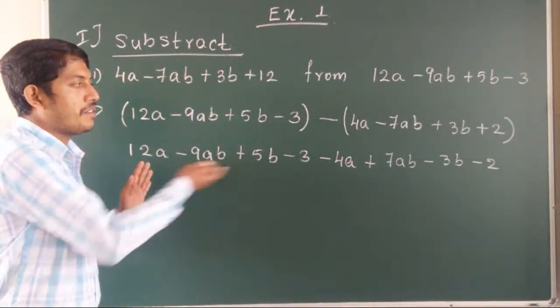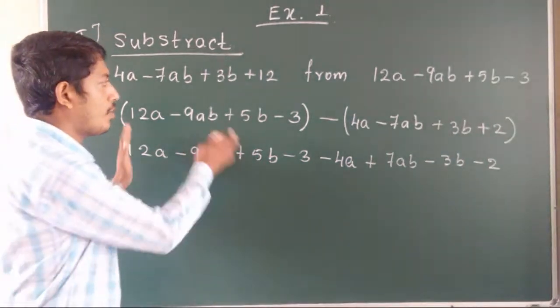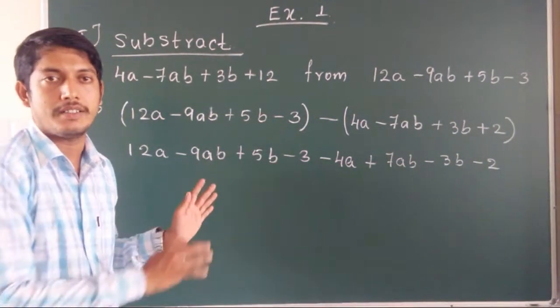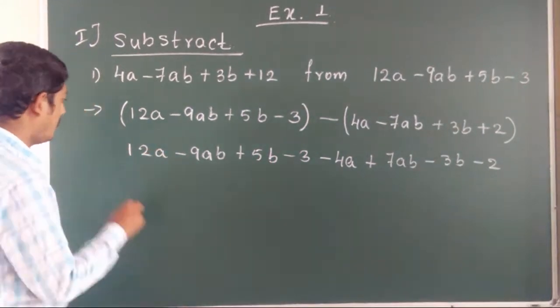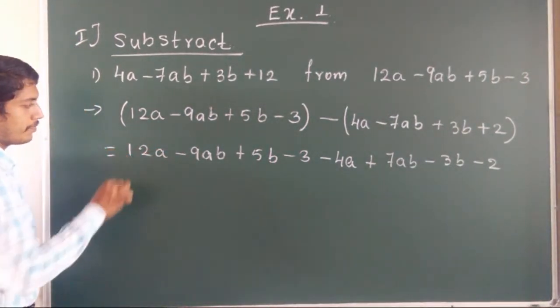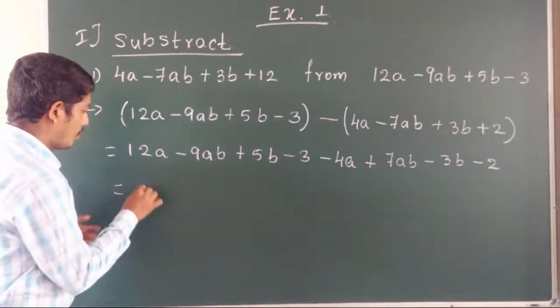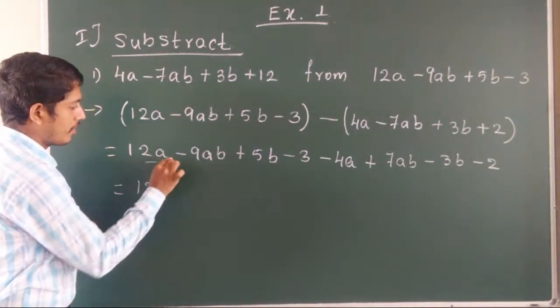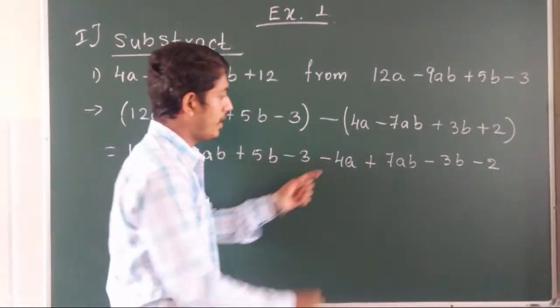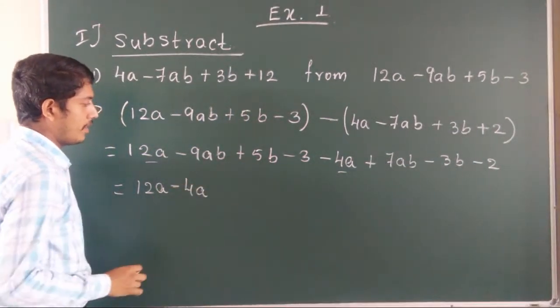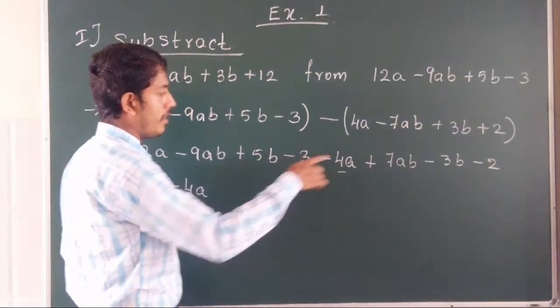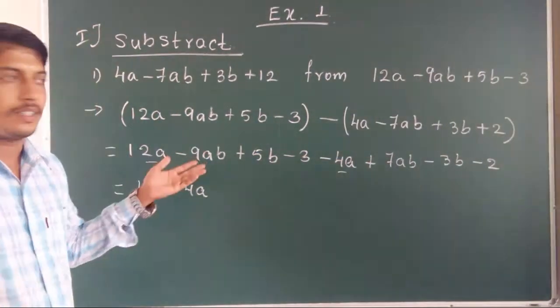Now I will rearrange this expression. It is a combination of the first and second expressions. I will rearrange, that means I will take the like terms together. That is equal to 12a, one term over, and here it is minus 4a. The next term having only a, there is no other term.